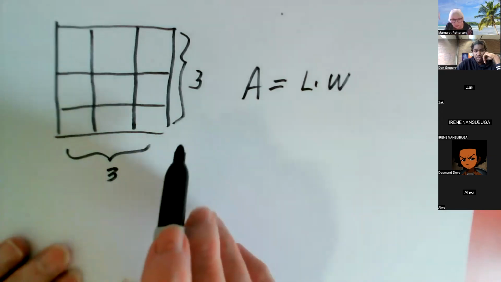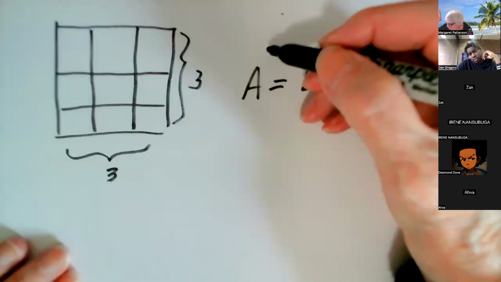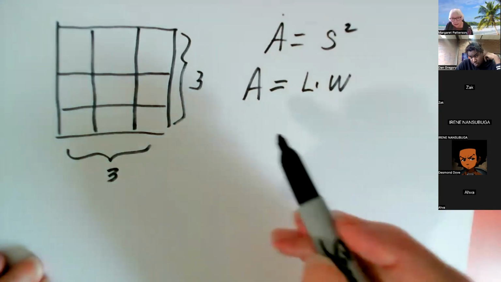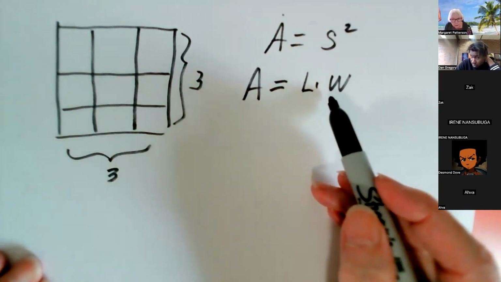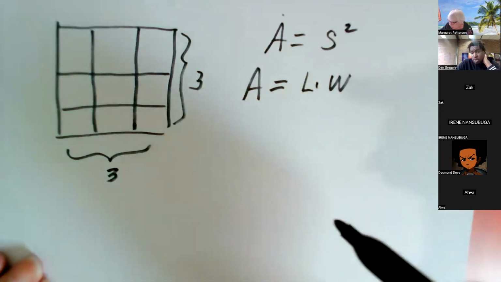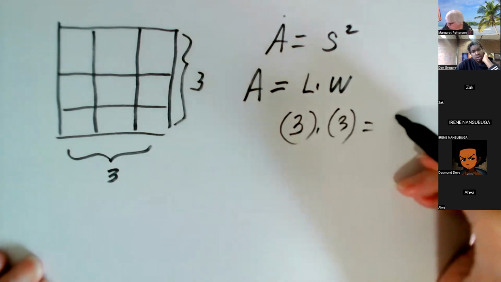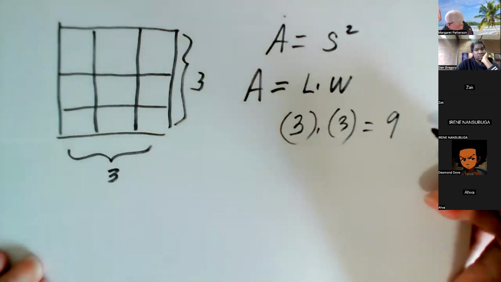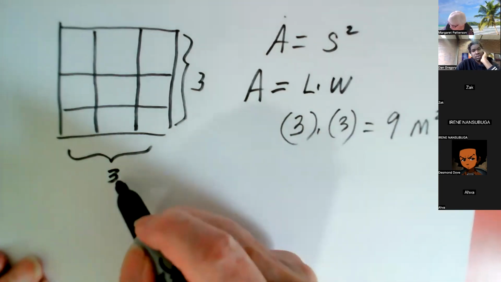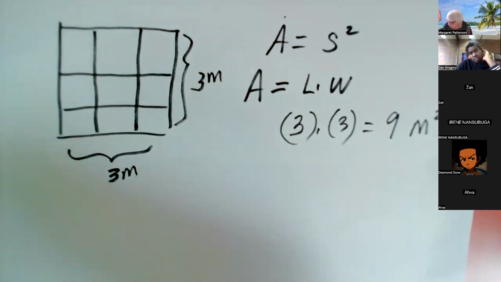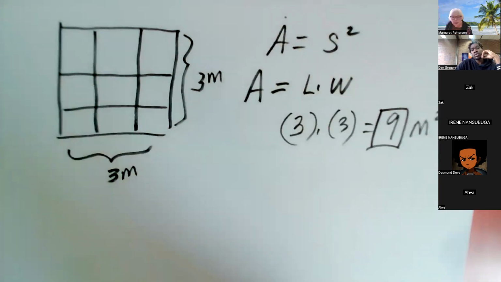It's this number times that number. They show it as one side squared, but I don't think you need that. This one will do it for you. You already have it anyway. So that would be 3 times 3 would be 9. And let's say it's meters. Square meters. But again, you're only going to have to give them the number. So those two are really the same, aren't they?